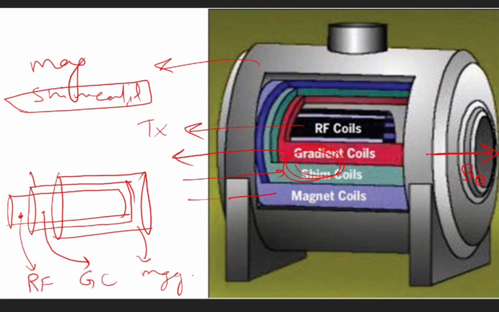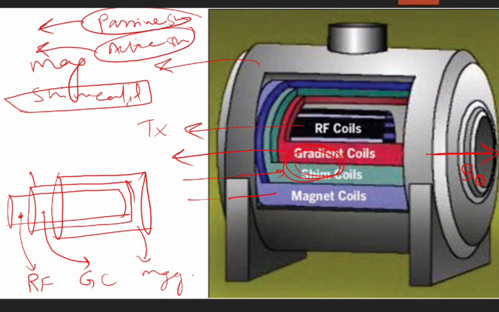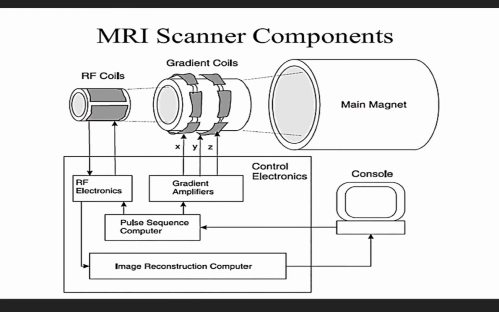Passive shimming means loading iron plates inside the magnet. Active shimming means we send current for B0 homogeneity, which we'll see in later steps.